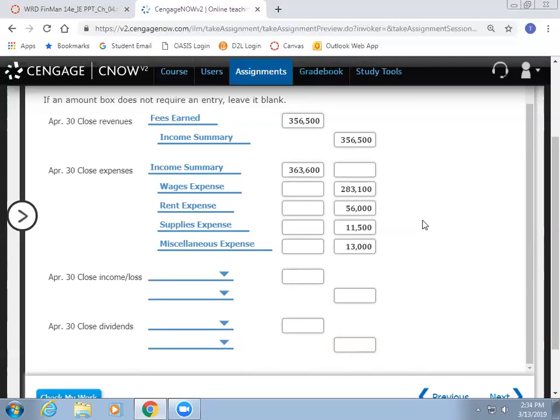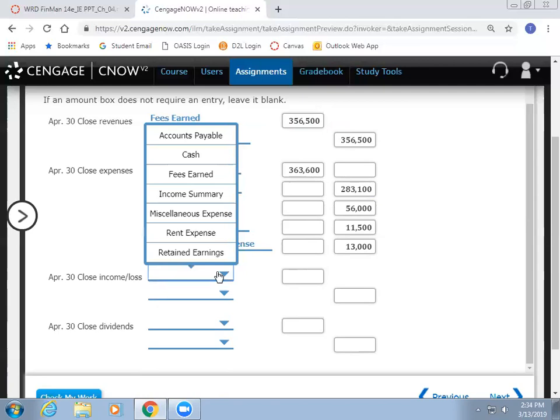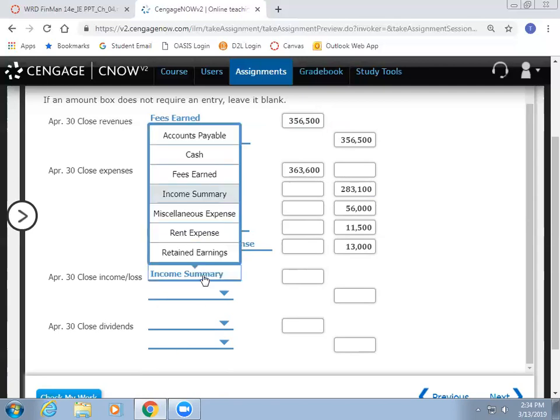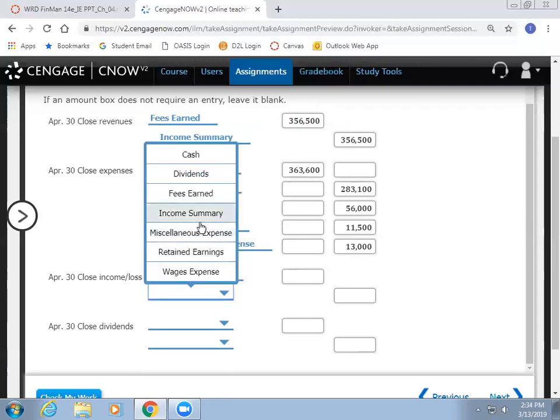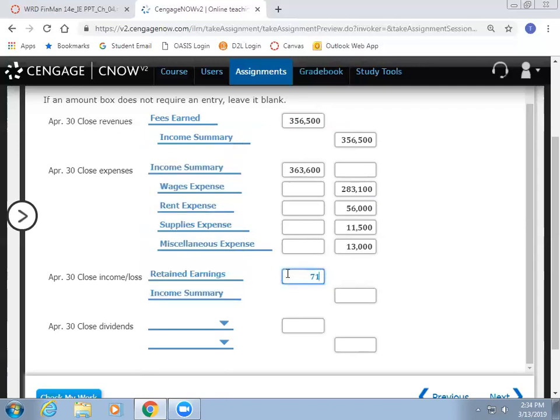And that's going to get debited to retained earnings. Okay? Because a net loss is reducing my retained earnings, money lost. Okay? So my third journal entry is a debit to retained earnings and a credit to income summary for the net loss amount.